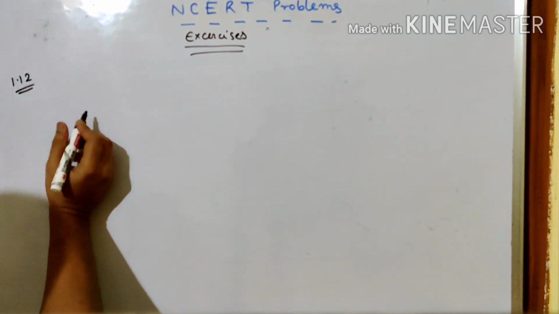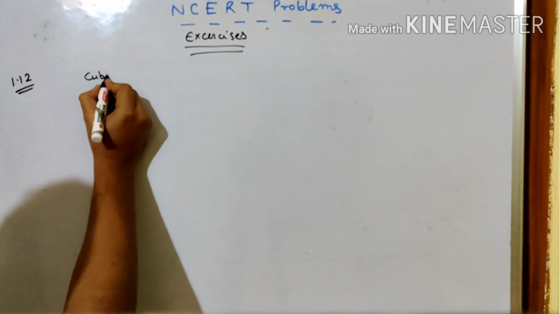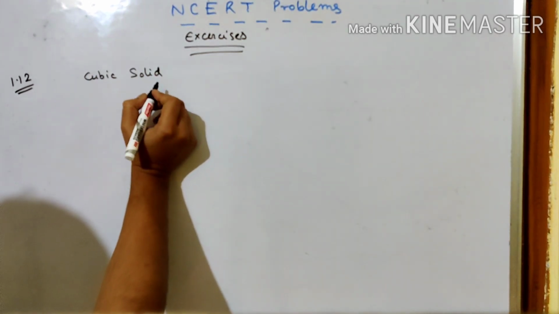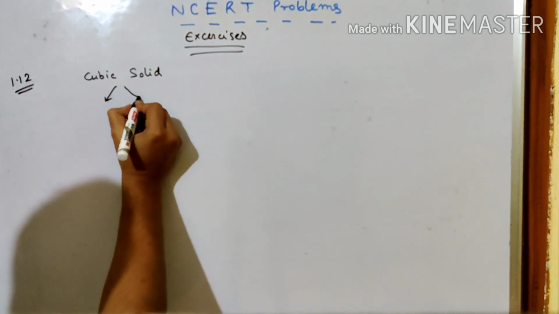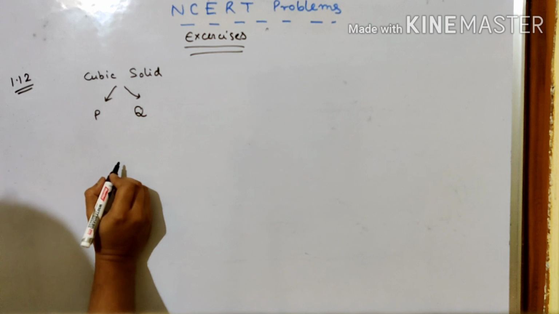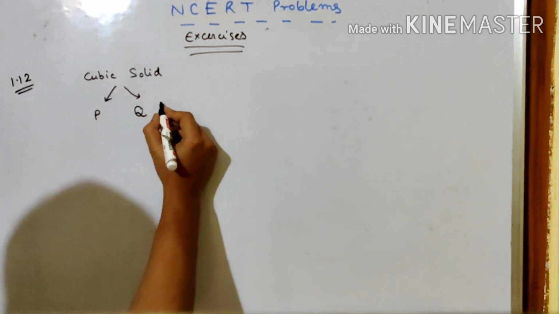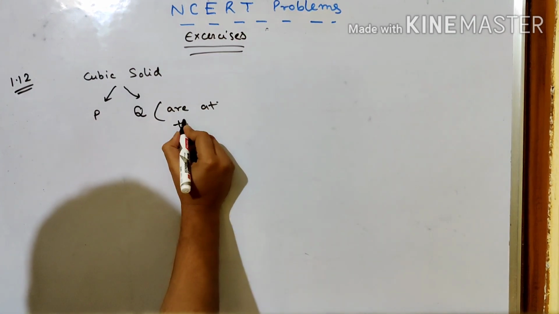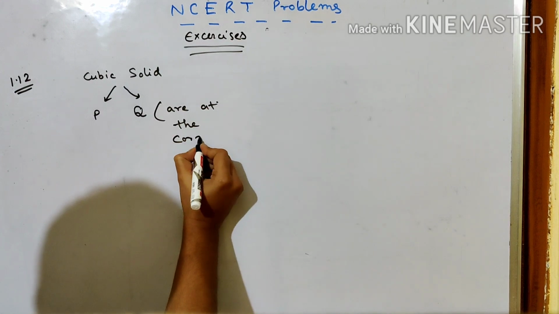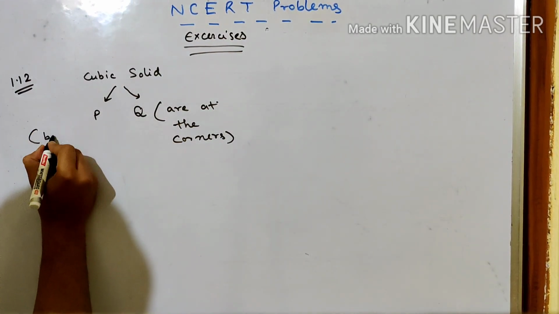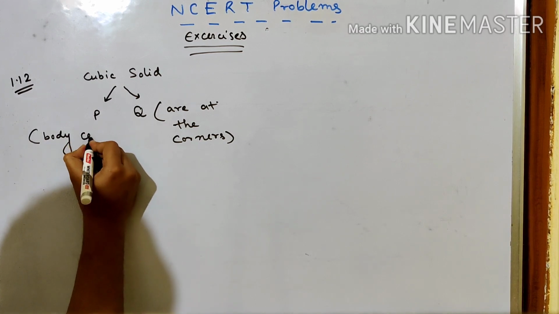The question is, there is a cubic solid. It is made up of two elements, P and Q. Here it is written, atoms of Q are at the corners, and P is at the body center.